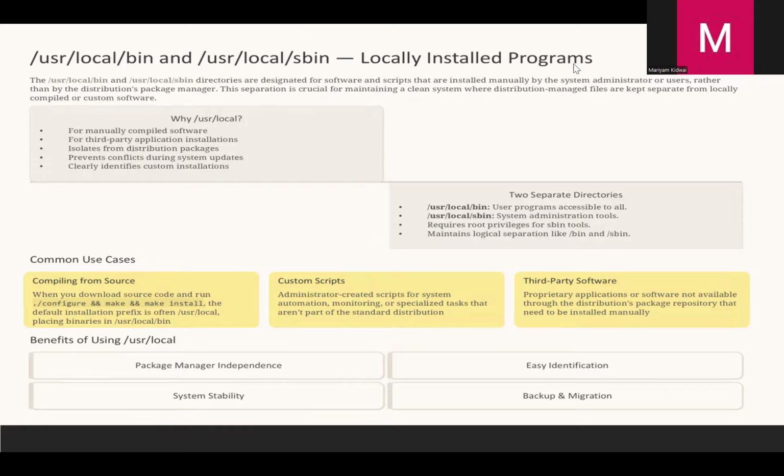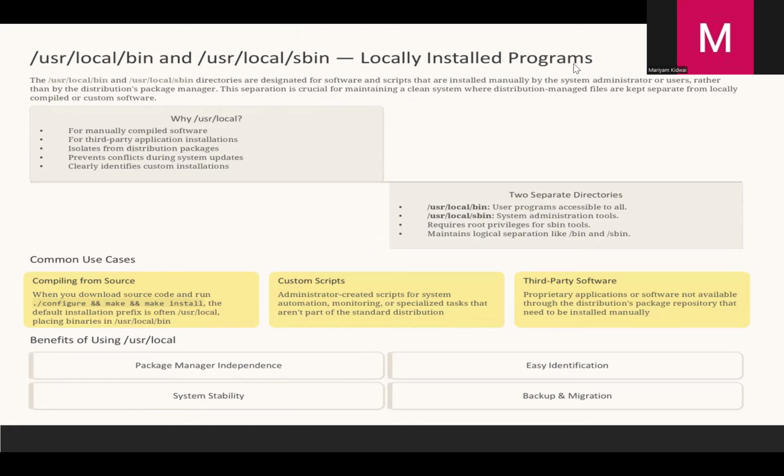Then what are the benefits of using /usr/local? Some of the benefits include package manager independence. Your custom installations won't be overwritten or removed by distribution package updates. And then easy identification. That means you can easily identify which programs were locally installed versus which are distribution-provided.